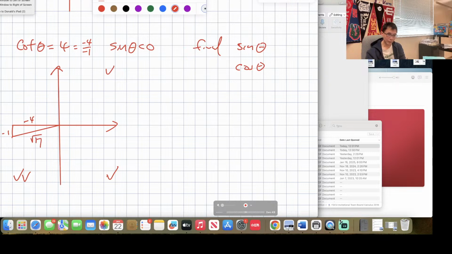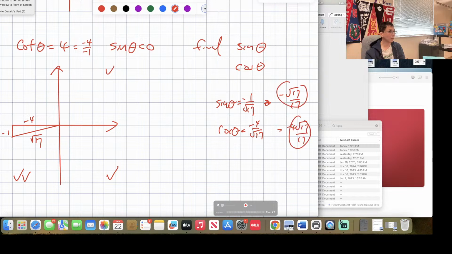So sine of theta is equal to -1 over root 17. Cosine theta is equal to -4 over root 17. So negative square root 17 over 17, or -4 square root 17 over 17. It's not hard, right?